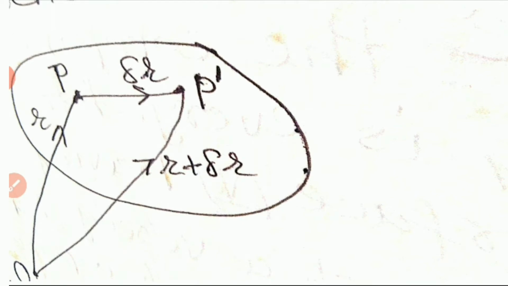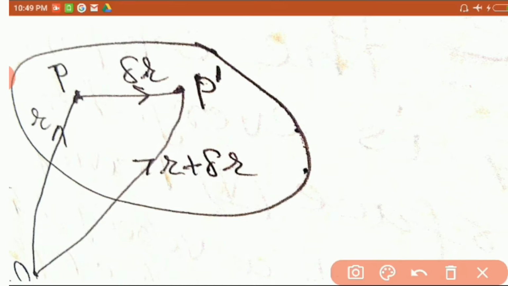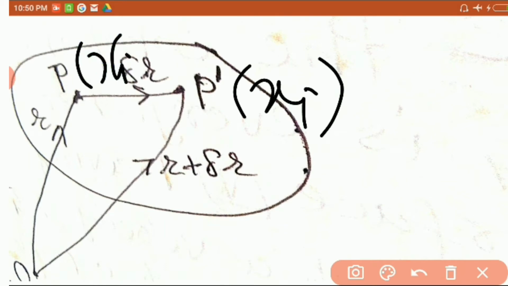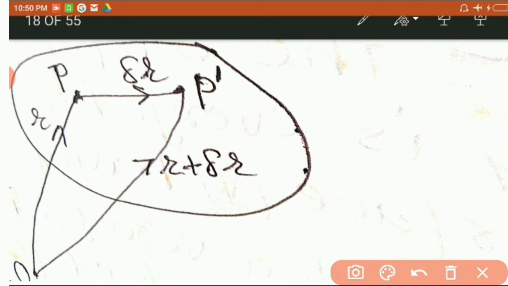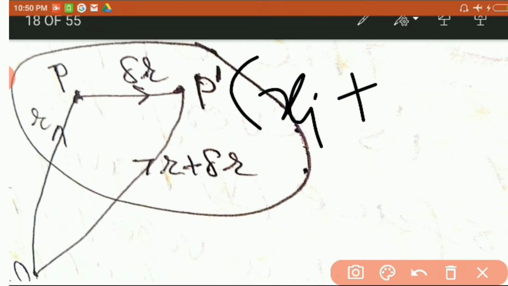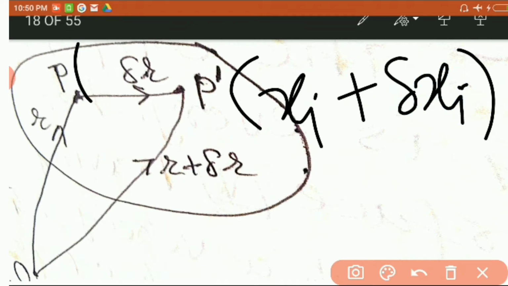From this figure we suppose that P has coordinates xi, and this P dash has coordinates xi plus delta xi, and P has coordinates only xi.